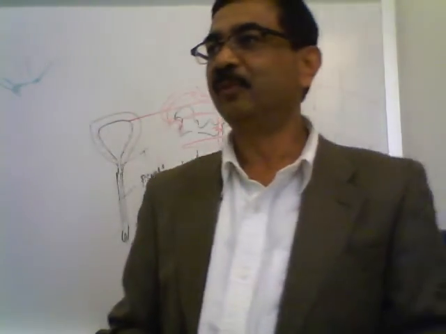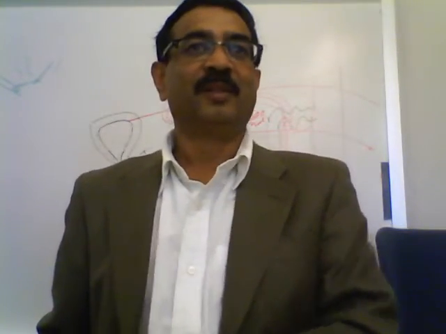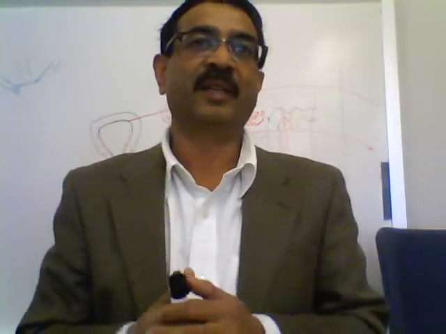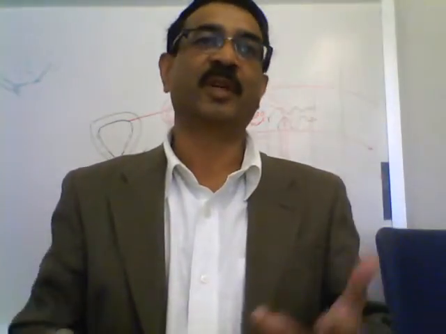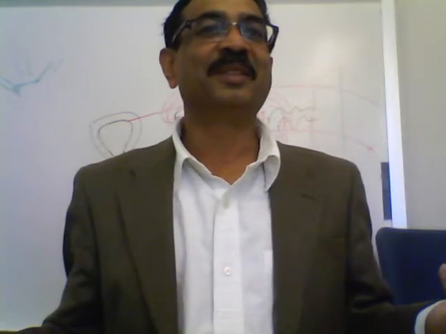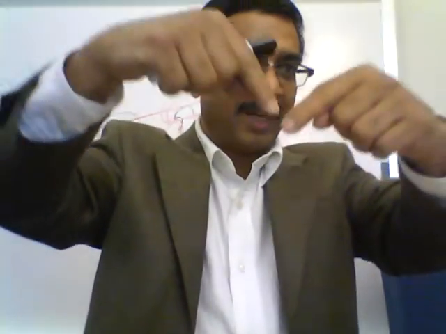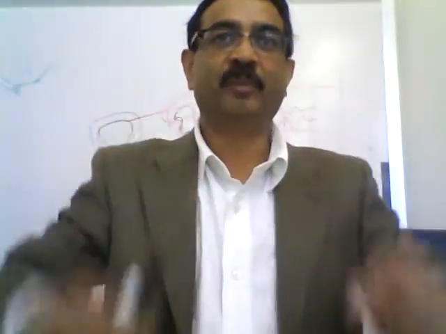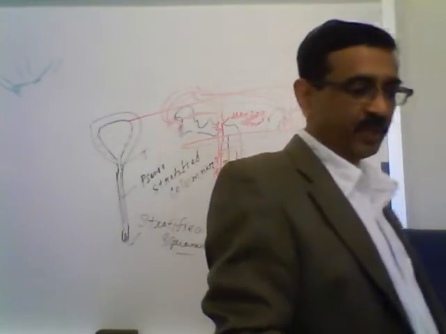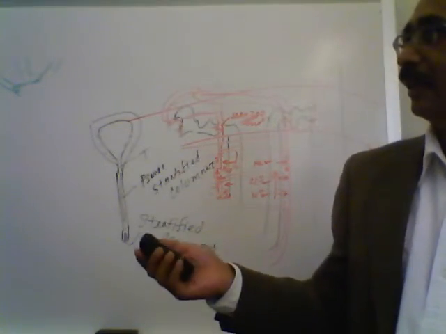Where? Those areas where you have friction, right? So the last part, the chance of getting friction is more, right? Or getting exposed to air is more. So the last part is stratified squamous. Makes sense. First part is transitional because it's the continuation of the bladder, right? From the bladder, a little bit comes. But the middle long part is pseudostratified ciliated columnar. Those are three types of lining.